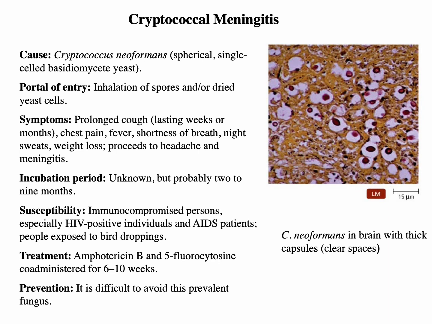Those are fungi that form mycelium. But Cryptococcus is like the yeast you use to make bread and wine. It's a round, spherical, single-cell yeast.